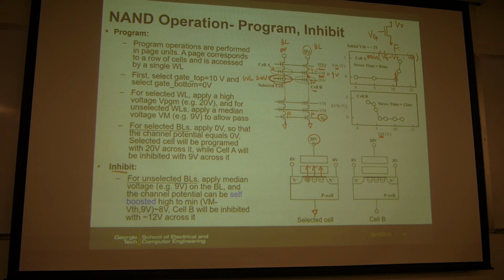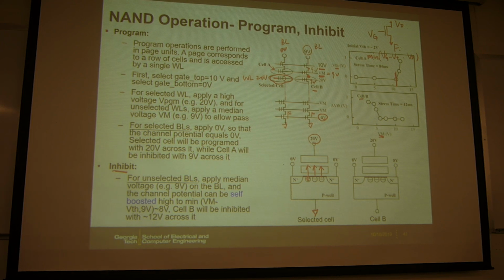However, if the Vm is too small, for example, if you design the Vm, this is cell B. If Vm is less than 5 volts, for example Vm is 5 volts, then probably the Vth is some number, maybe 1 volt. Then what you can transfer to the cell B is 5 volts minus 1 volt. If Vth is 1 volt, then the cell B can only get 4 volts. Although the bit line on the top is 9 volts, that 9 volt cannot be transferred.